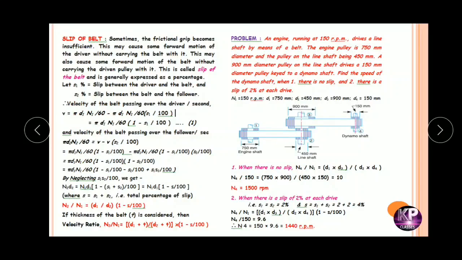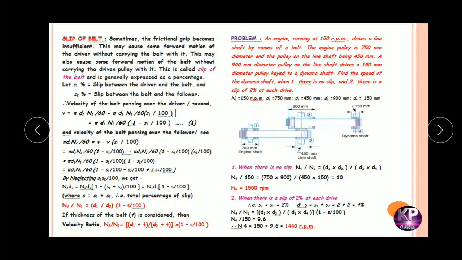Whenever slip occurs, the velocity of the belt is somewhat lesser than the velocity of the pulley. That is, pi d1 n1 by 60, the speed of the driver, minus pi d1 n1 by 60 into s1 by 100, which equals pi d1 n1 by 60 into 1 minus s1 by 100. Let us assume this is equation 1.